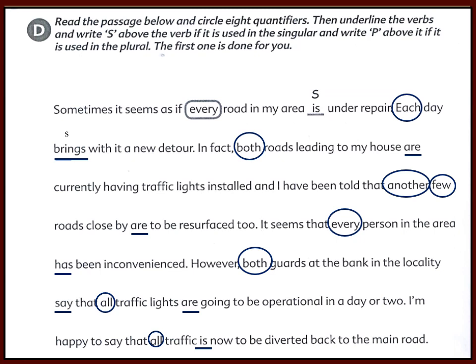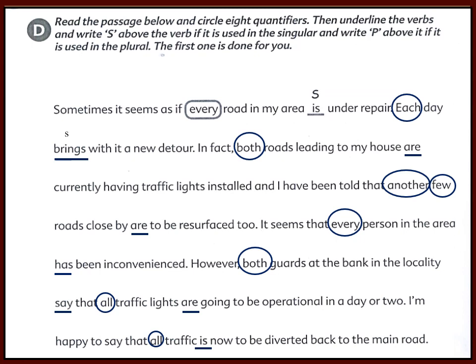I was thinking that when we add S, it is plural, so I thought this is not singular. But the question says we will write S above the verb if it is used with a singular quantifier. Each means individual. When we talk about an individual noun or object, that's why S is written here.